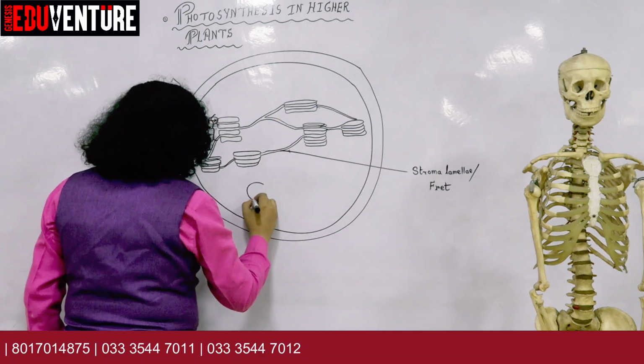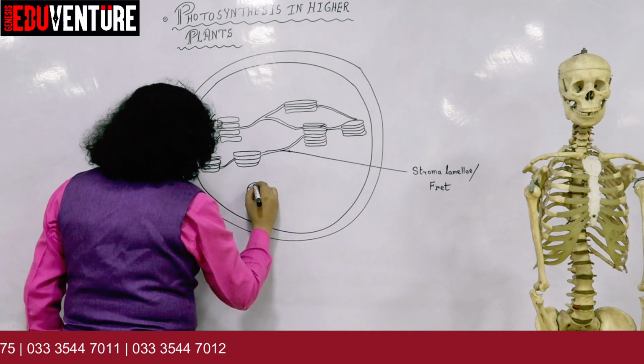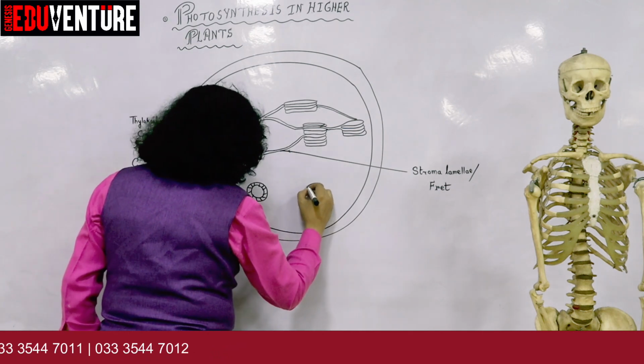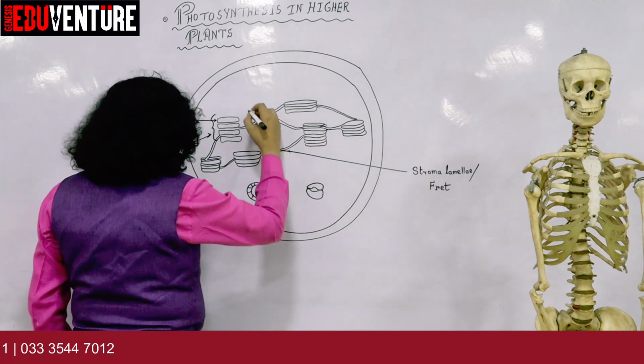Other than that, you know that inside the chloroplast there is double-stranded circular DNA present. Ribosome is also present, which is 70S type.